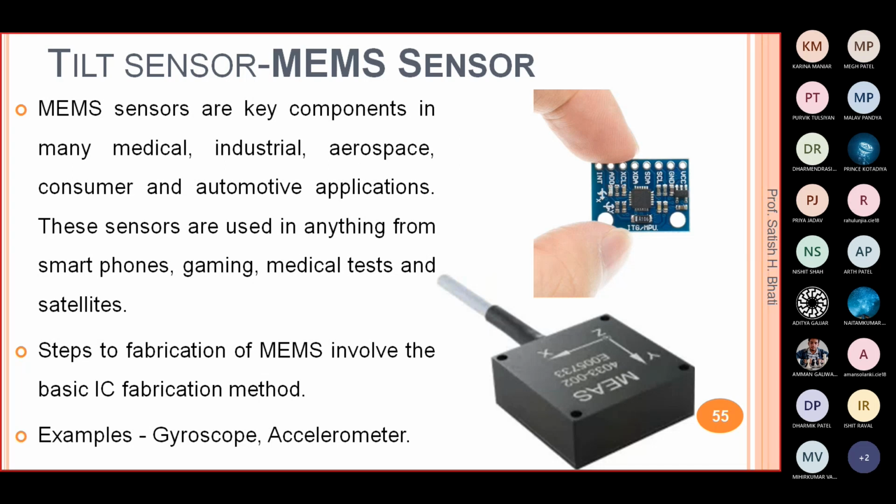They are manufactured similarly to IC fabrication. Some examples are the gyroscope and accelerometer, which we use to find the position with respect to the x, y, and z axes in space.